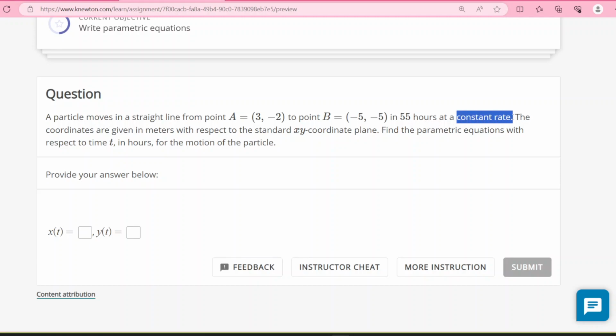Again, when they say something's moving at a constant rate, that tells you linear functions are involved, right? Linear equations. All right, and then find the parametric equations with respect to time in hours for the motion of the particle. So I'll draw a similar picture to the one we had before.